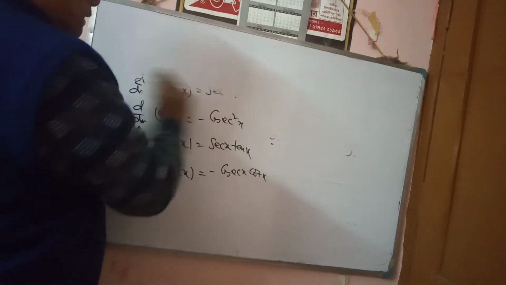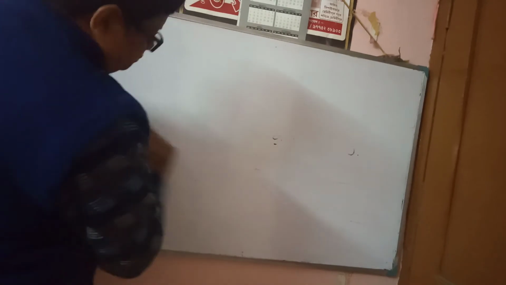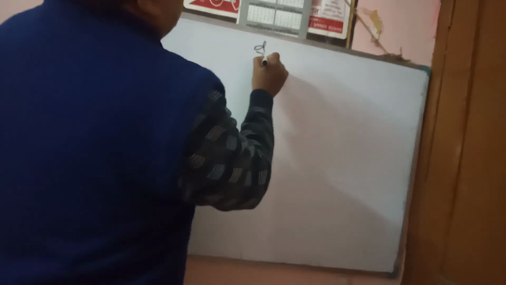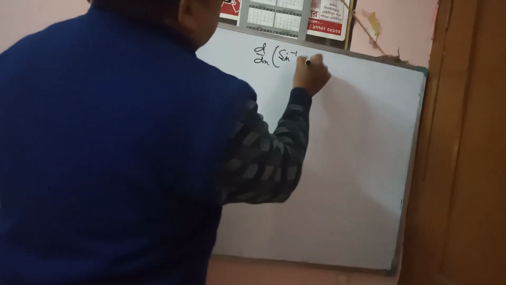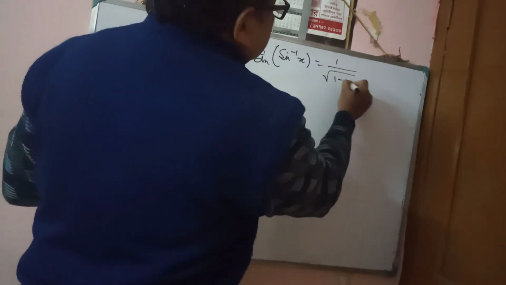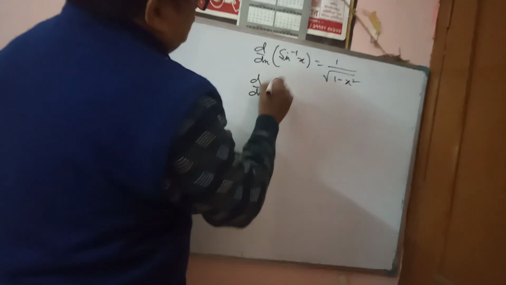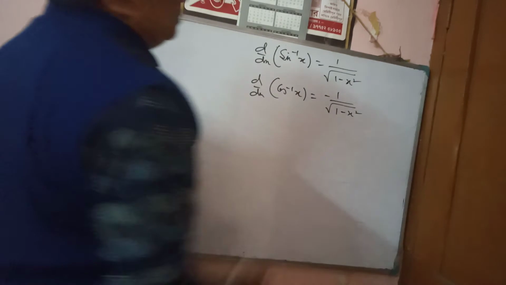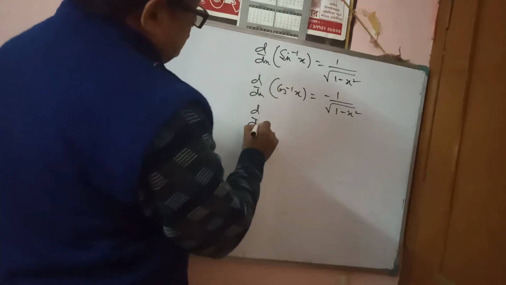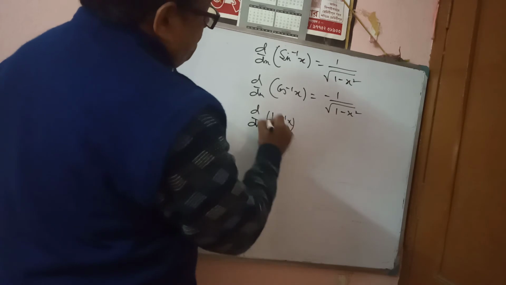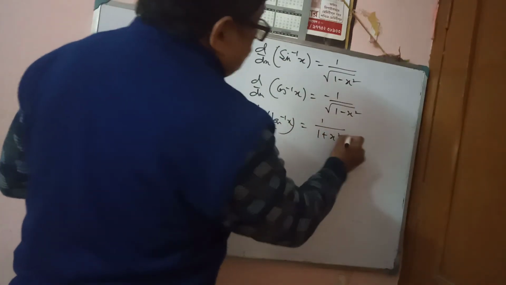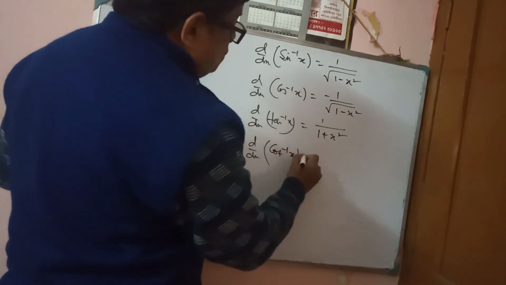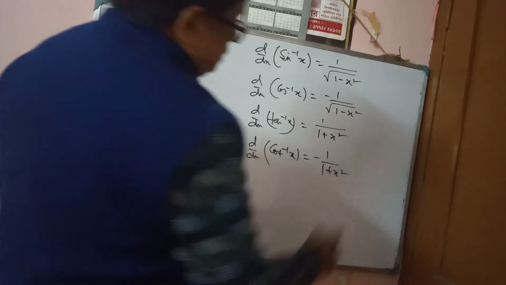Another I am showing. d/dx of sin inverse x is 1 by root under 1 minus x square. d/dx cos inverse x is minus 1 by root 1 minus x square. d/dx tan inverse x is 1 by 1 plus x square. d/dx cot inverse x is minus 1 by 1 plus x square.